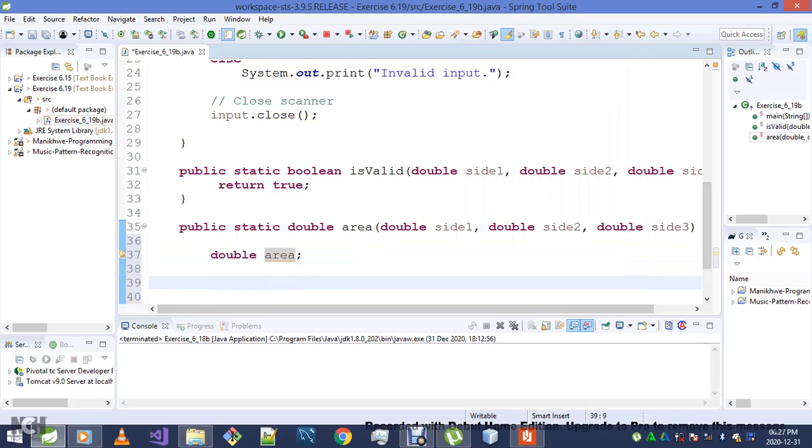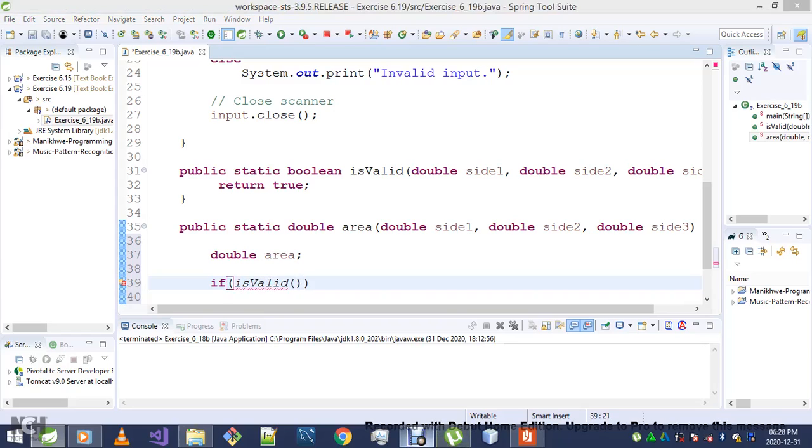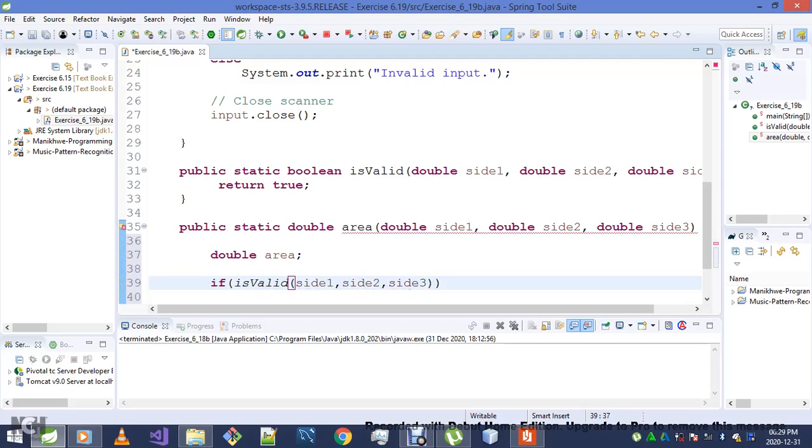Now here's what I'll say. If is valid, firstly I want to check if these sides are valid: side 1, side 2, side 3.